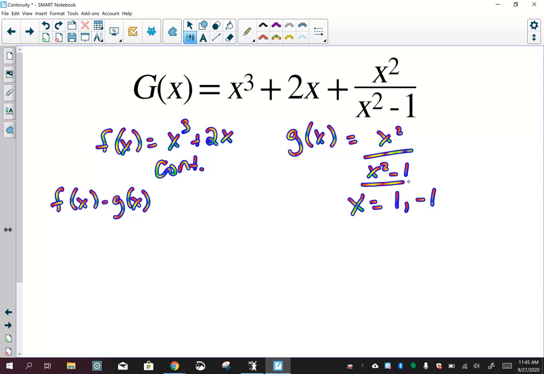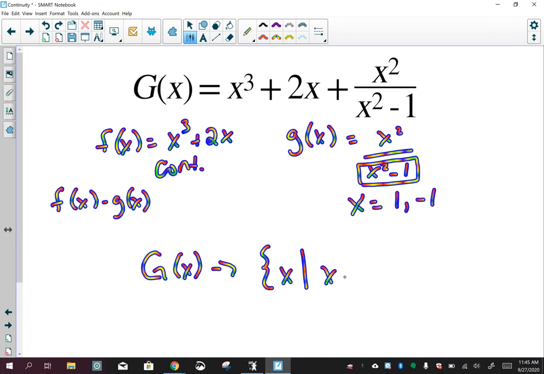Because again, remember, I'm only looking at the denominator piece here. So to write this answer for g of x, we're looking at all values of x such that x cannot equal negative 1 or 1.